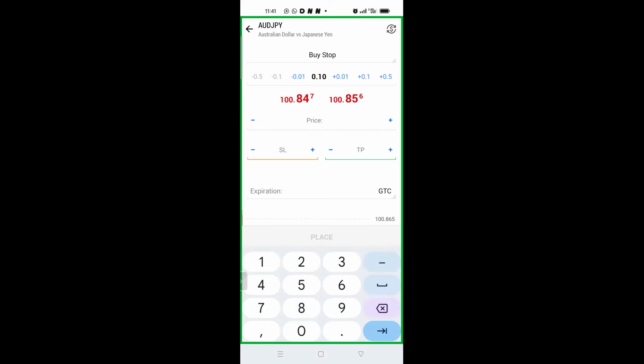Oh, I think 100 what? 105 something. Okay, let's say 102 something. Why is it not highlighting? Buy stop.